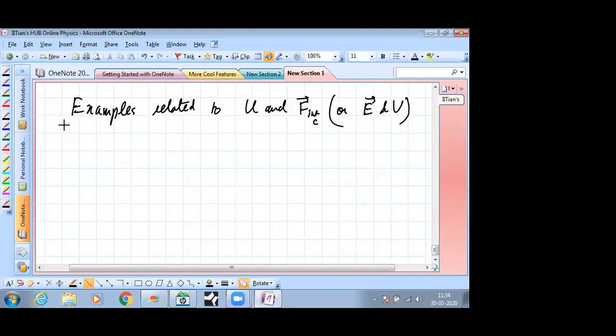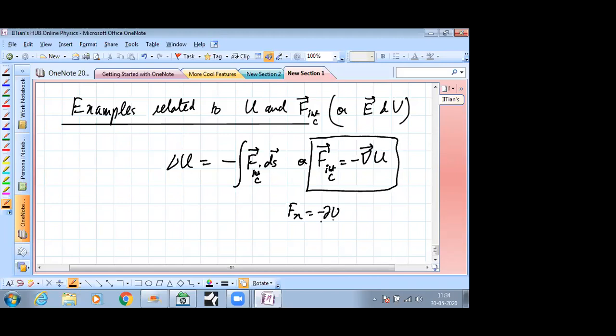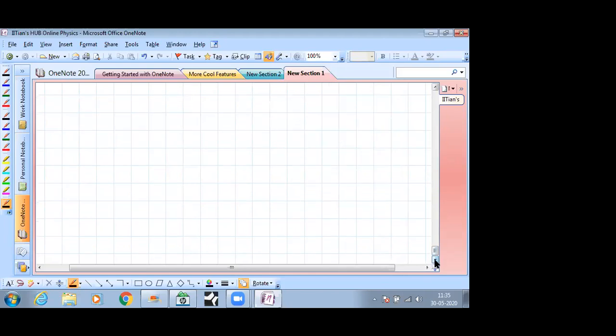Basically, examples that are based on the relationship that delta U is minus of F dot ds, or internal conservative force is negative gradient of potential, which of course in component form you write as this. And likewise, if there's a Z component, that also. Okay, so let's start with some questions related to this.